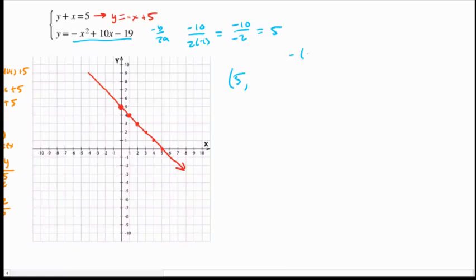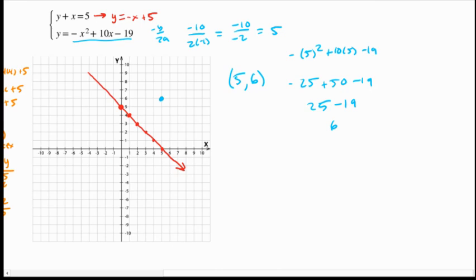So -5 squared plus 10 times 5 minus 19, -25 plus 50 minus 19. And I end up getting 6. So 5, 6.